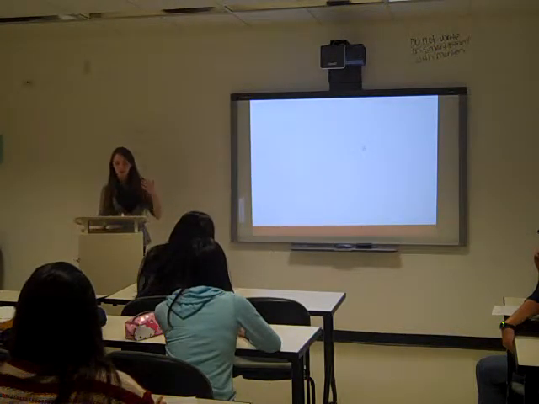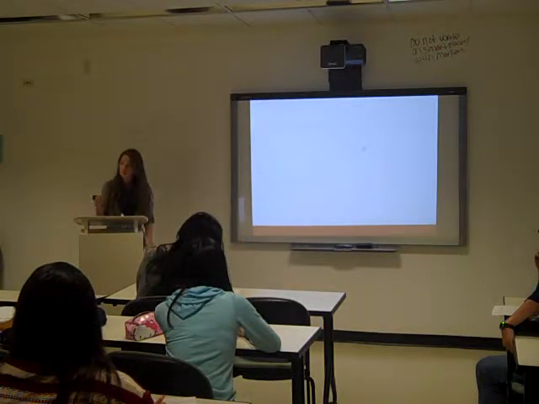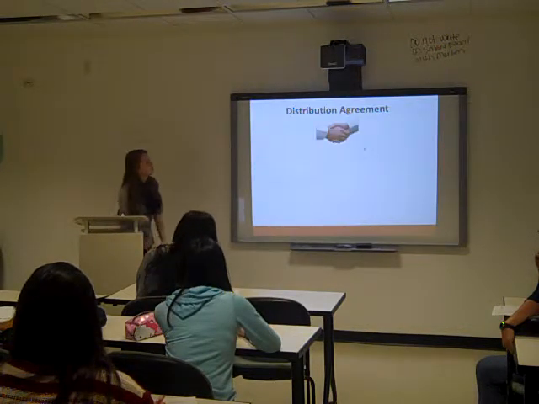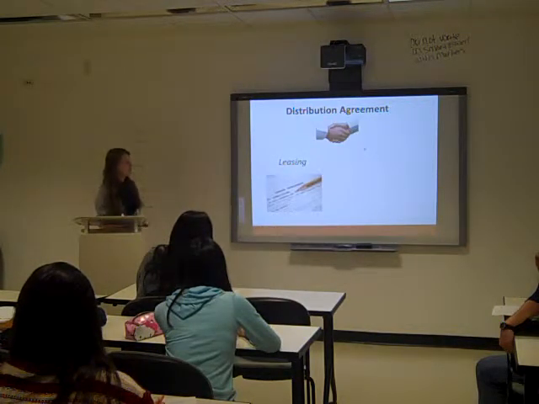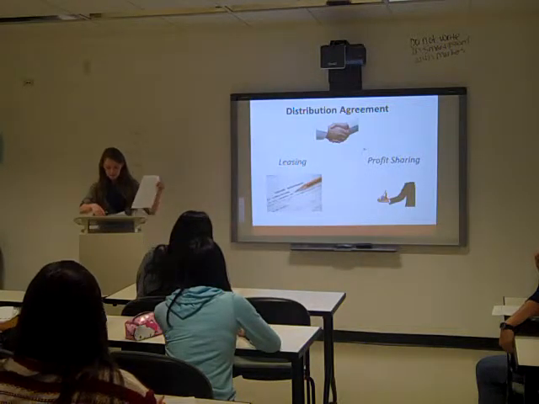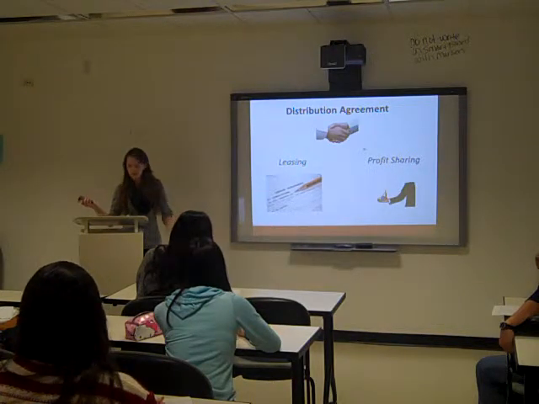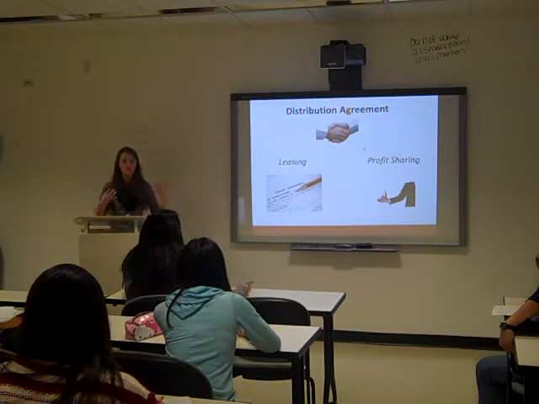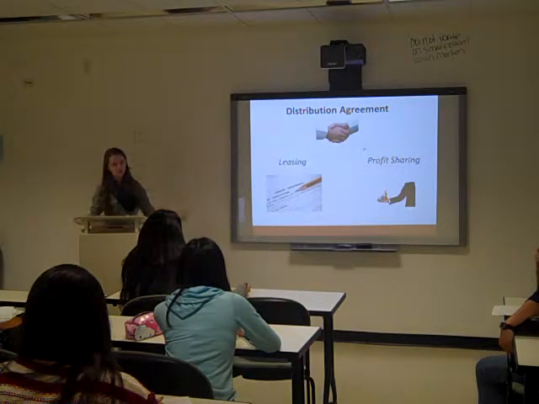But now I want to talk more specifically about the distribution agreement, because it's one of the most important steps in film distribution. The distribution agreement is based on two financial models: leasing and profit sharing. Leasing basically means the distributor agrees to pay a fixed amount for the rights to distribute the movie.